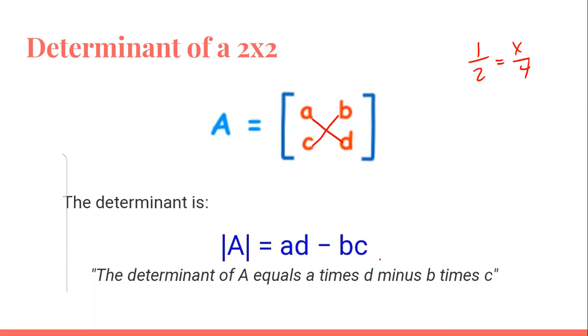Sounds easy enough? So how do we find the determinant of a 2 by 2? Cross multiply and subtract. That's all you need to know to do. This is for a 2 by 2. All right, are we ready to cross multiply and subtract?